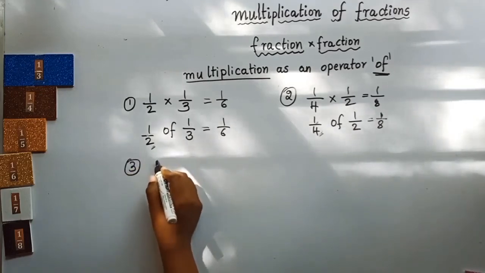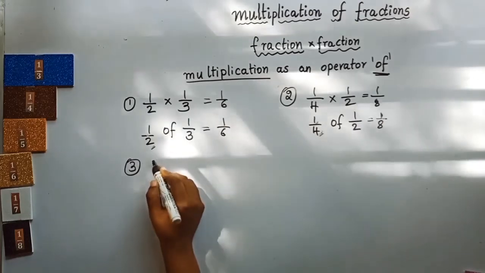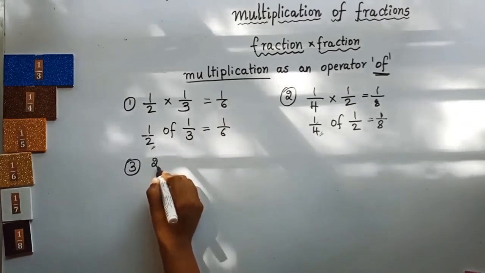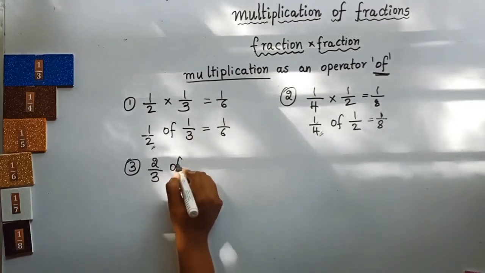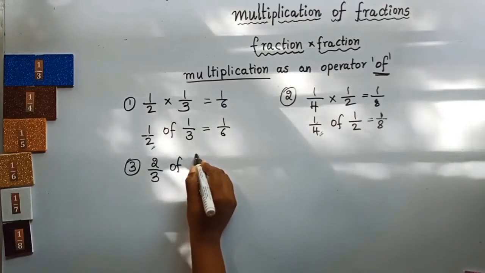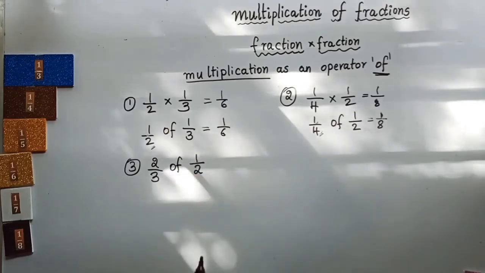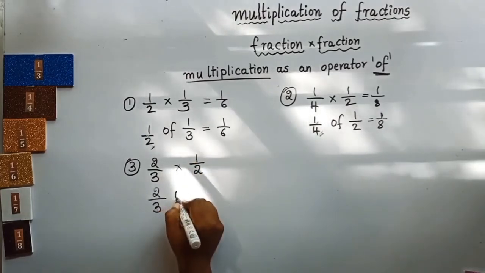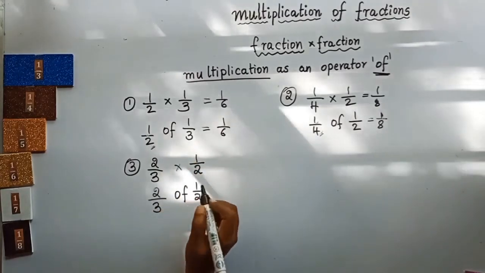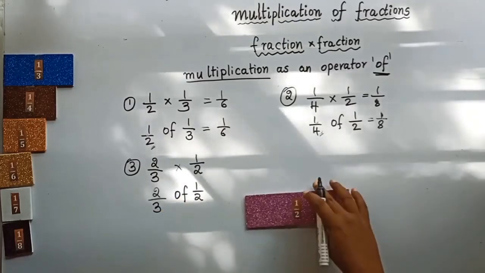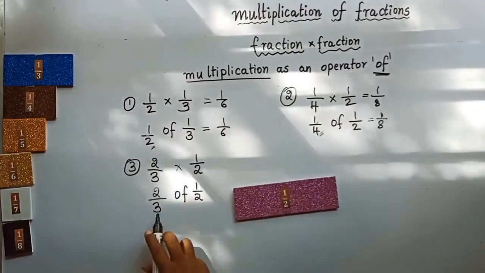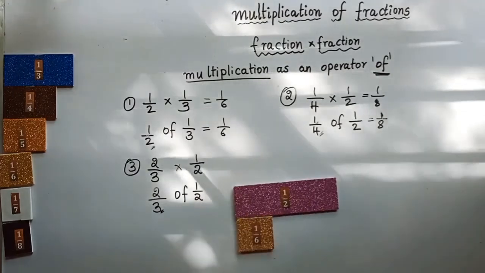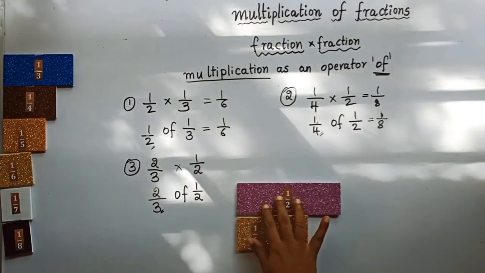Third one. Multiply 2 by 3 and 1 by 2. That means 2 by 3 of 1 by 2. So we have to take 1 by 2. 1 by 2 should be divided into 3 equal parts.